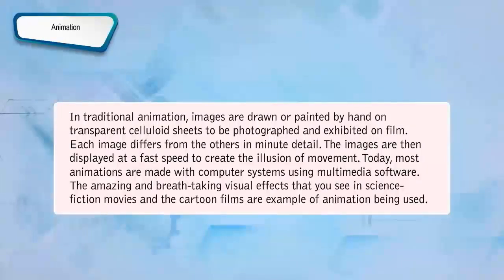Today, most animations are made with computer systems using multimedia software. The amazing and breathtaking visual effects that you see in science fiction movies and cartoon films are examples of animation being used.